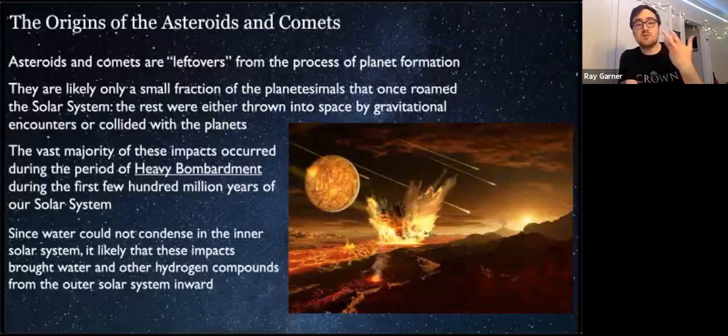And so it's likely that those impacts were the thing that brought water and other hydrogen compounds, possibly the ingredients for life itself, from the outer solar system into the inner solar system. So despite how hellish it might have been, it's thanks to all these impacts that we have water and eventually life here on this planet.